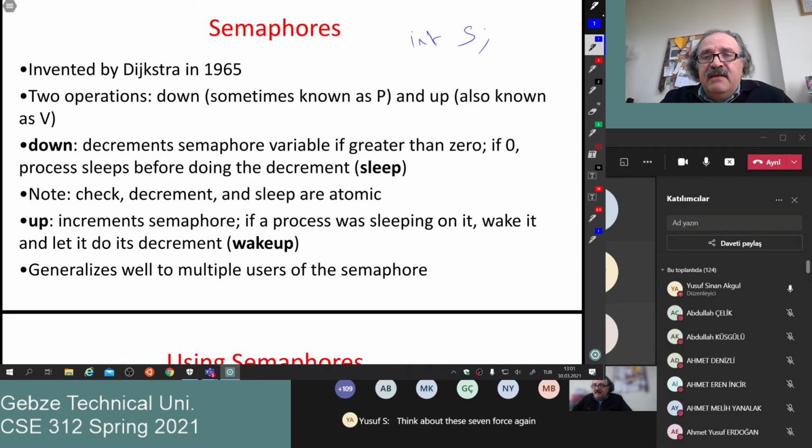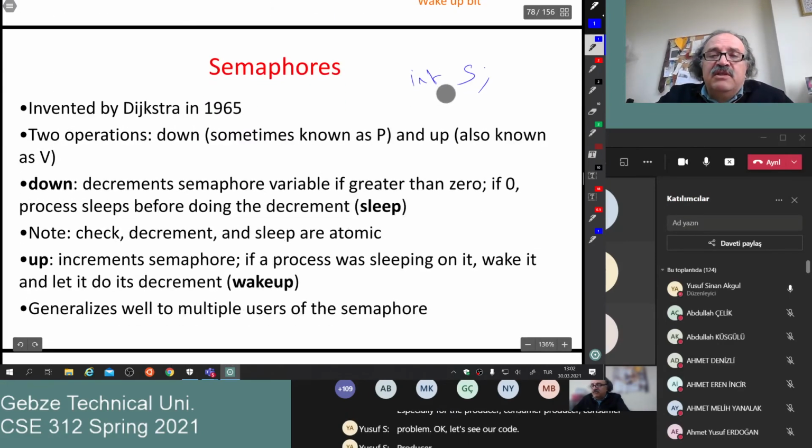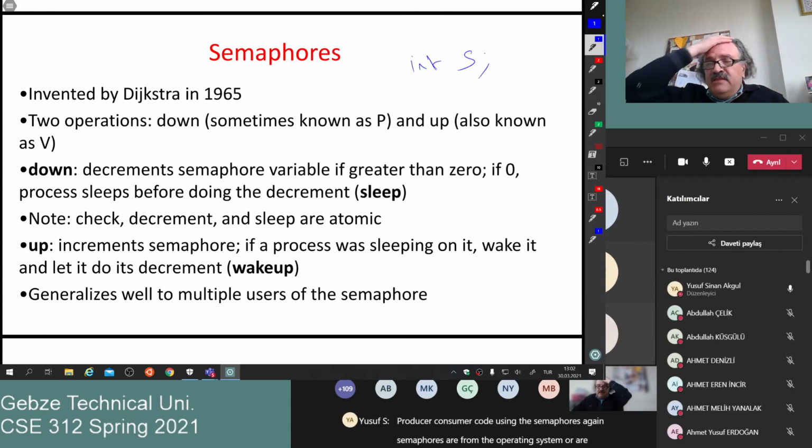Again, I can use this as a critical region guard lock, or I can use this to communicate information between the processes, especially for the producer consumer problem. Okay, let's see our producer consumer code using the semaphores. Again, semaphores are from the operating system or our interprocess library.